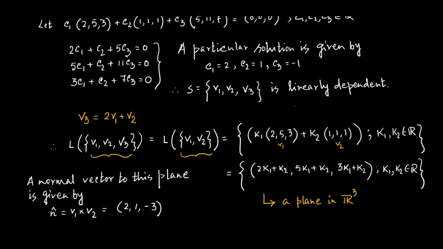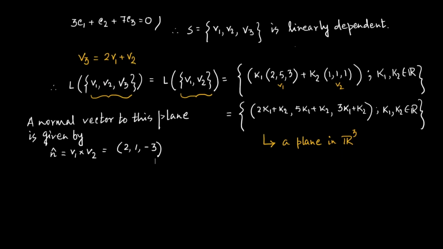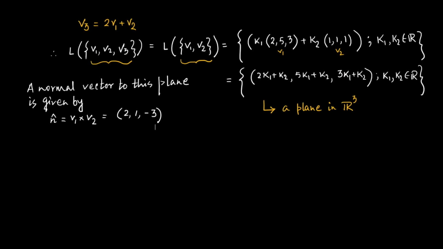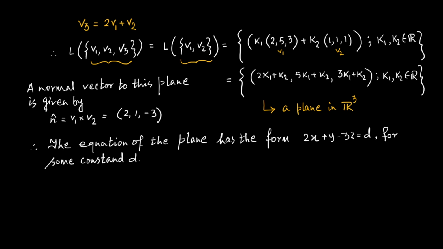Therefore, we can write the equation of the plane spanned by the vectors v1 and v2, or the vectors v1, v2, v3, in the form 2x plus y minus 3z is equal to d for some constant d. Now we know that the span of any set of vectors contains the zero vector. That means the plane in this context will pass through the origin.